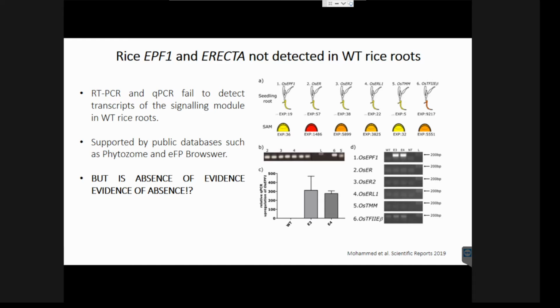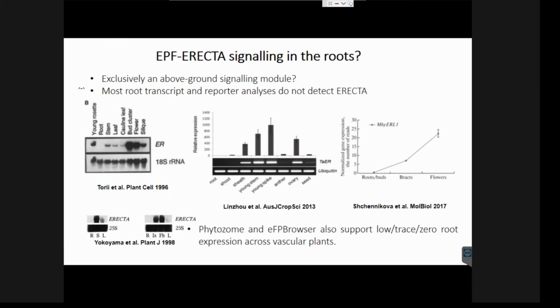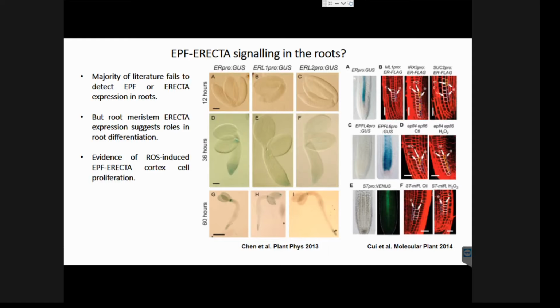Now, this has been the story for decades now. So the earliest ERECTA work by Keiko Torii in Japan showed there was no expression in roots, there was no protein in roots, and since then more and more papers don't find EPFs or ERECTA in roots. But it is there, and it is doing something.